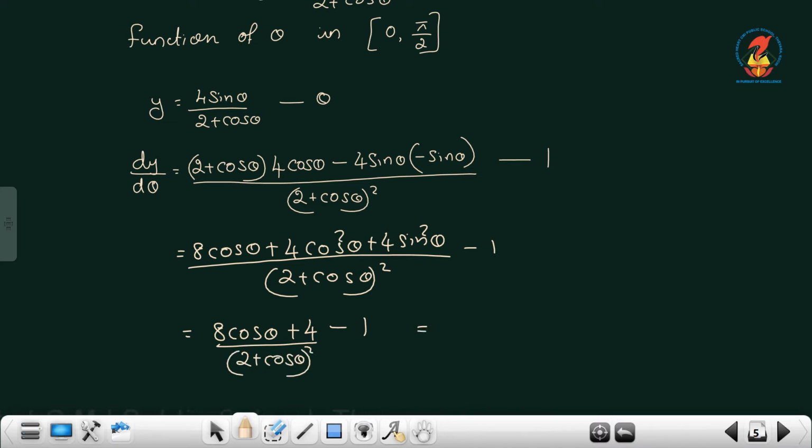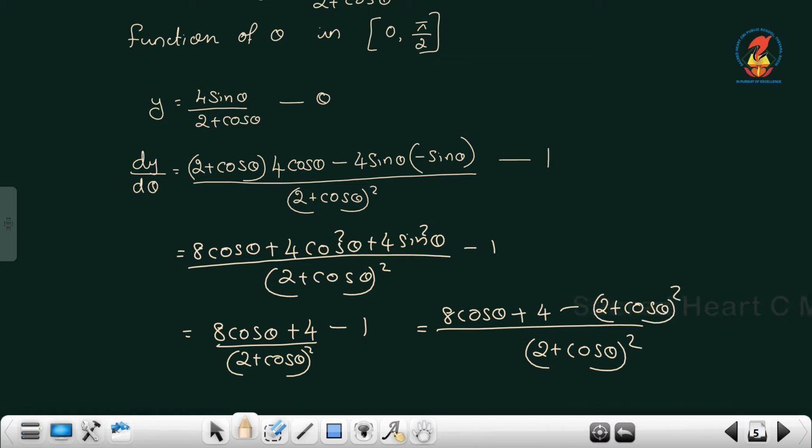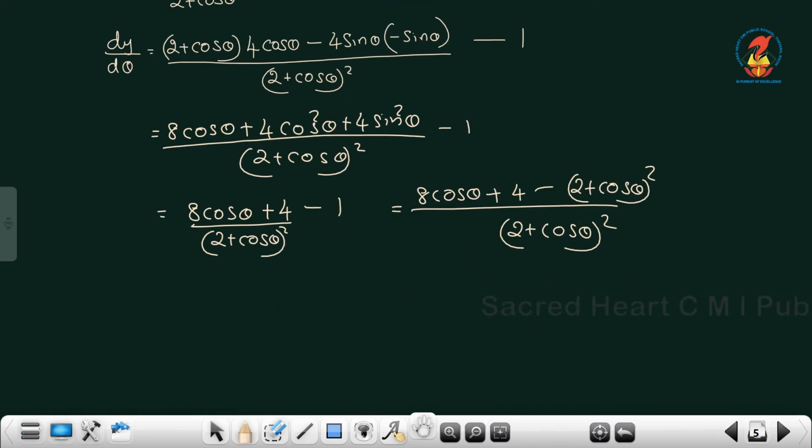Again we can simplify taking LCM. So 2 plus cos theta whole square. Numerator is 8 cos theta plus 4 minus 2 plus cos theta whole square. Then expand 2 plus cos theta whole square in the numerator.